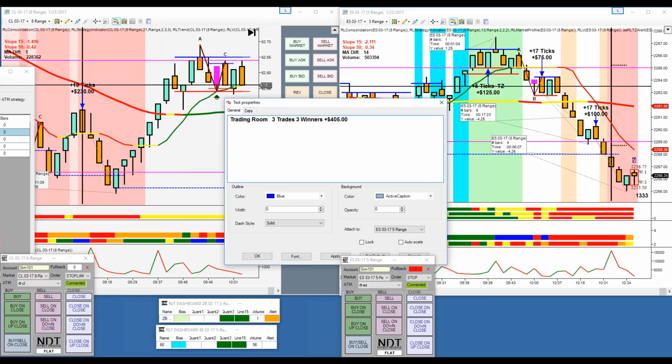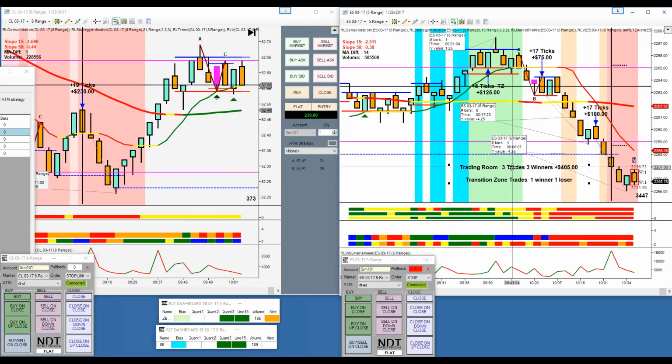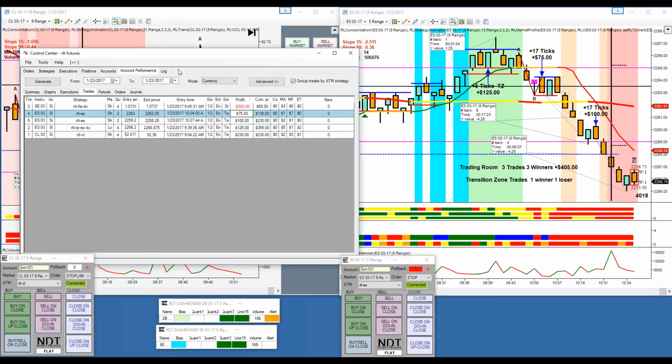And then we had 2 transition zone trades. One winner, 1 loser, and they're right here. So unfortunately today, the algorithmic got beaten, but I'll show you the trades. We're going to go over all the trades. It took a $75 winner.